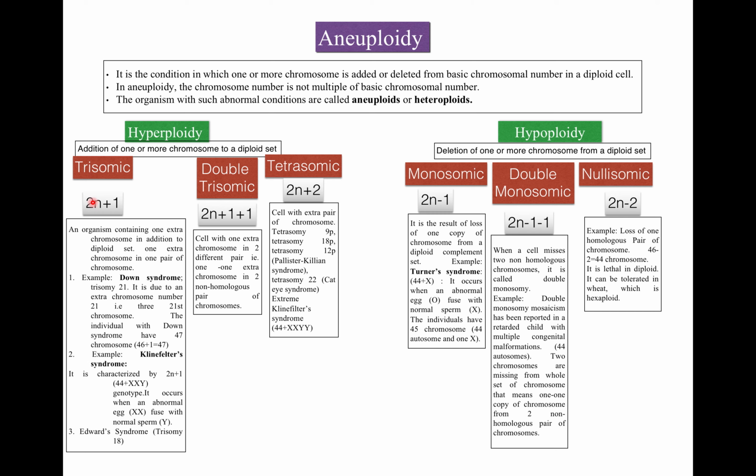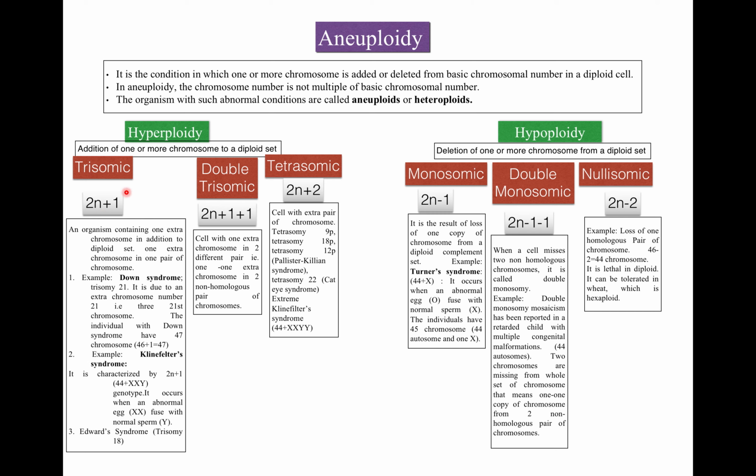If we talk about human beings, then 2n means 46 chromosomes or 23 pairs of chromosomes. In trisomy, 2n plus 1 means 46 plus 1, that is 47 chromosomes in a cell.